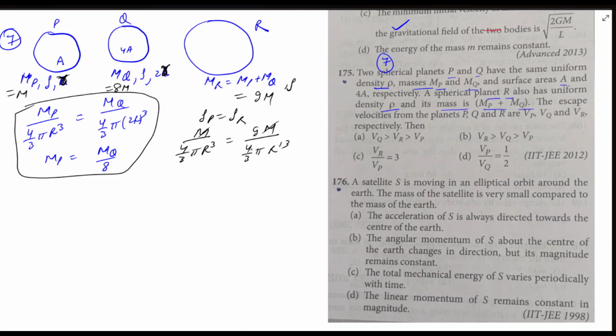This m will get cancelled, and we have 1 upon r cube equal to 9 upon R dash cube. So R dash will be r times 9 to the power 1 by 3.